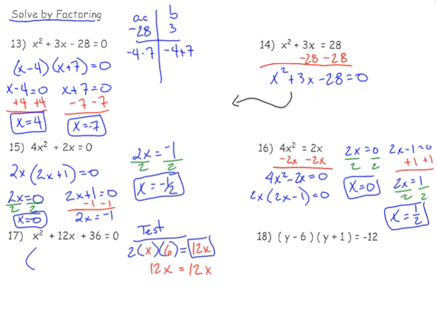So my factor is x plus 6 equals 0. This is a repeated solution, so I'm just going to have to do this one time. X plus 6 equals 0. I subtract 6 from both sides and find that x is equal to negative 6.